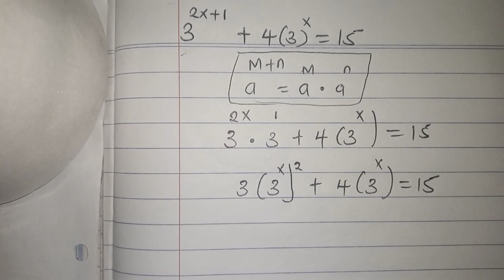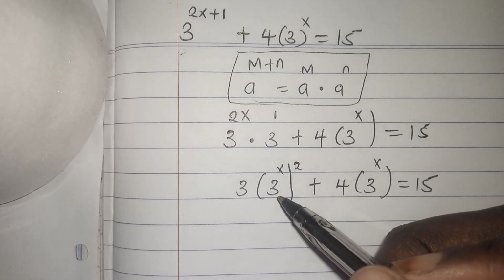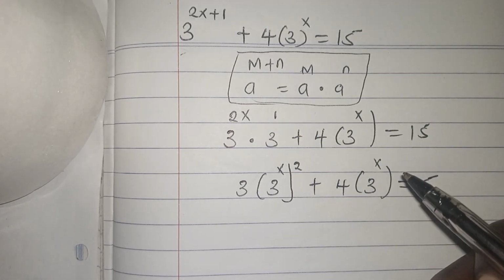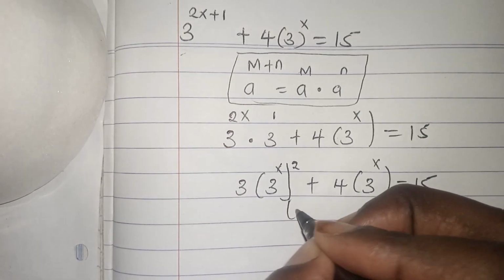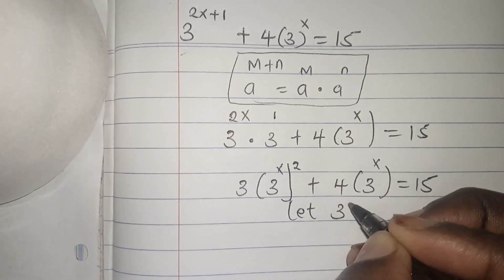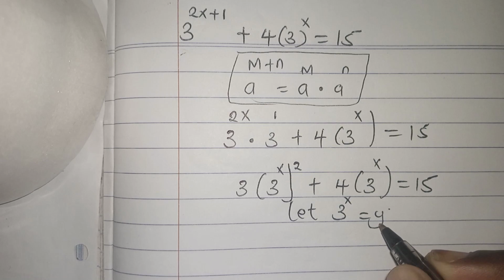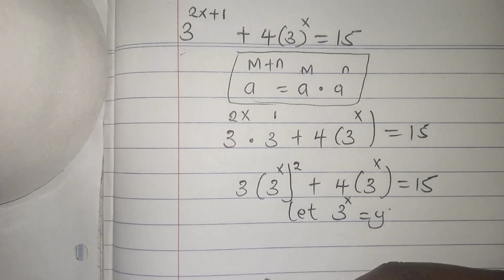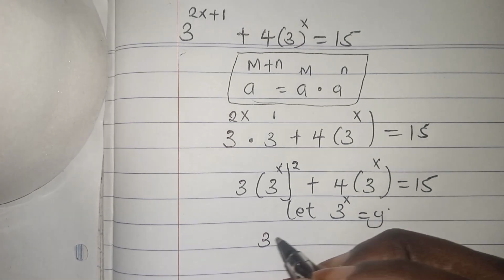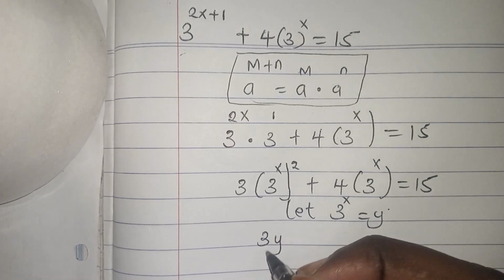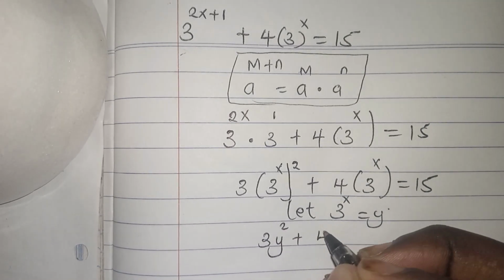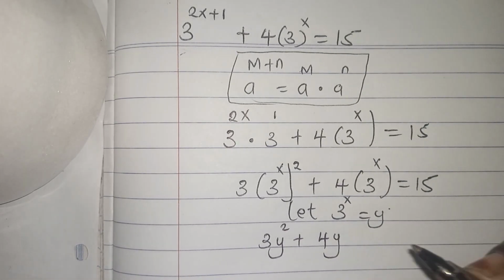So our next step, you can see we form 3 to the power of x to be common. So we shall say let 3 to the power of x be y. So where there is 3 to the power of x, we are substituting it with y. So this will be 3y squared plus 4y.